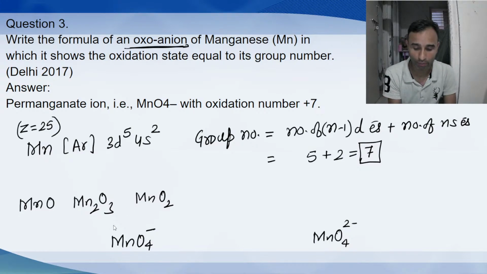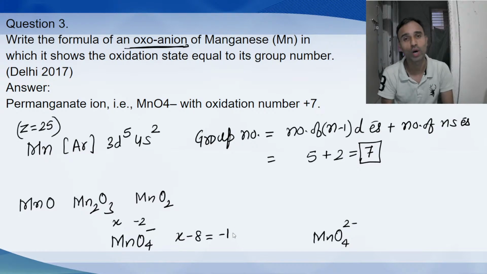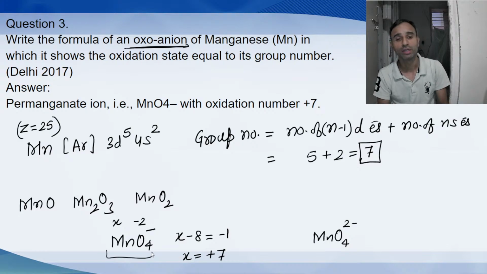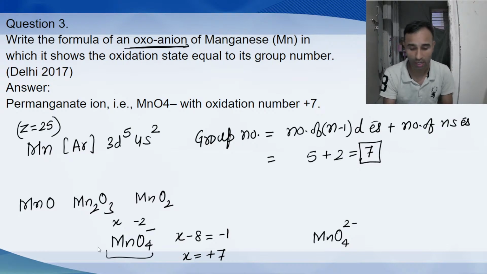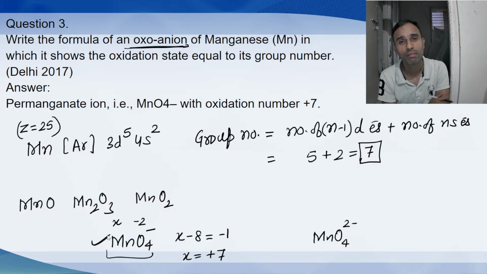For MnO4 negative, manganese is x, oxygen as -2, so x minus 8 equals -1. So x is +7. MnO4 negative is permanganate. Its oxidation number is +7. Its group number is 7. So this is the ion with oxidation number +7. Now, this is the manganate ion.